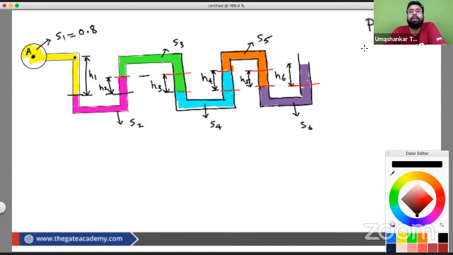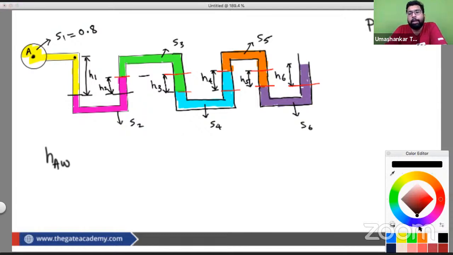As we have discussed, this pressure can be represented in terms of any liquid. Now, I want to represent it in terms of water, so let's suppose in terms of water it is HAW.